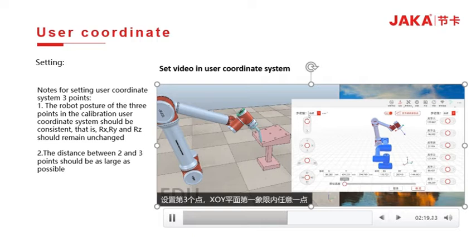Set the third point. The third point is any point in the first quadrant of the X-Y plane.